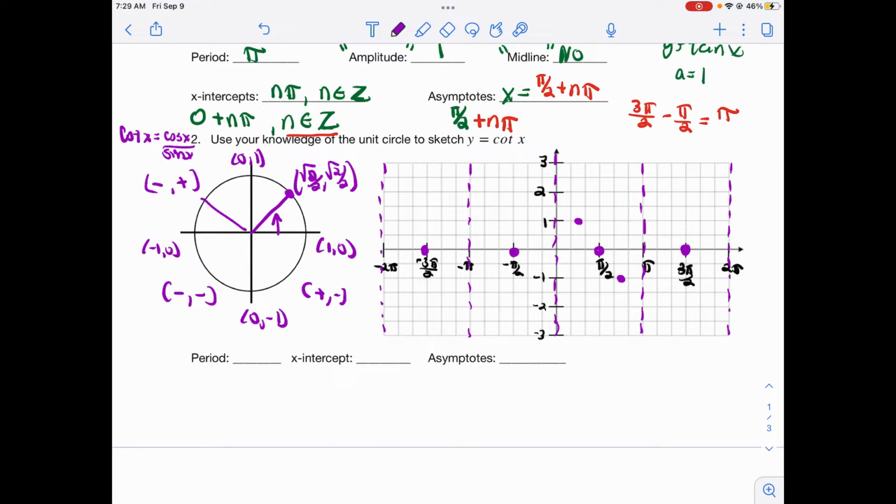Quadrant 3, negative divided by negative is positive, so we're at +1. In quadrant 4, we have a positive divided by negative, which is -1. So this time it's a decreasing function. The cotangent parent function is a decreasing curve, and this will continue on for each of these periods.